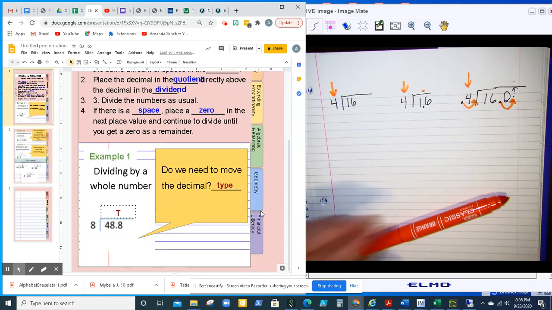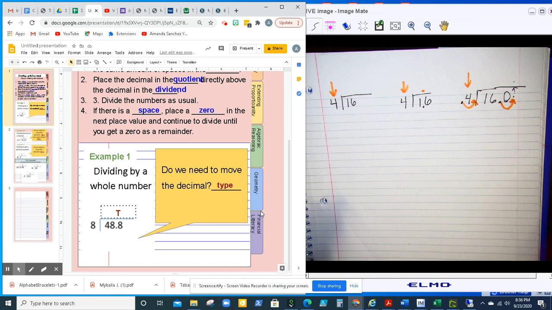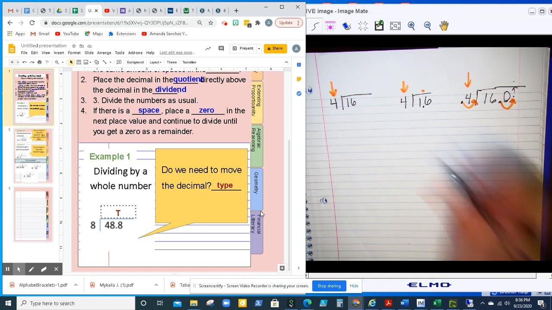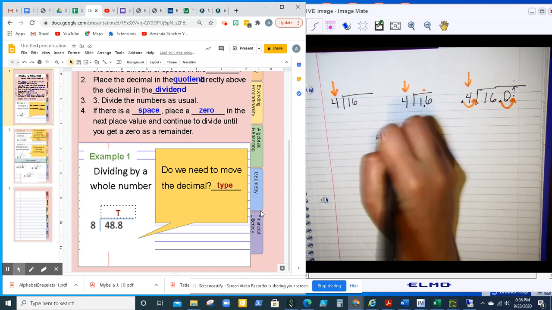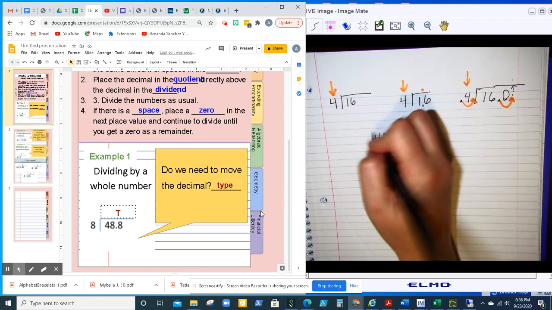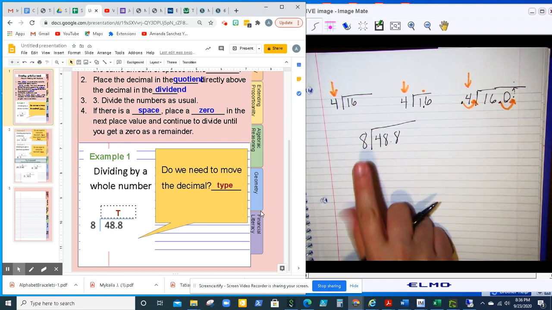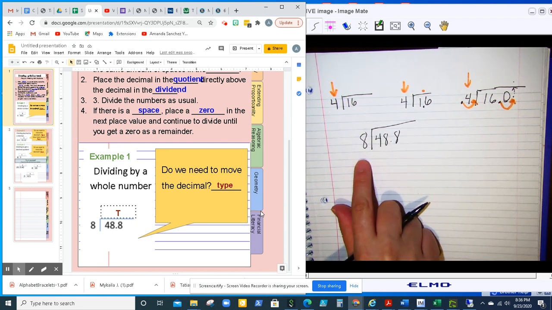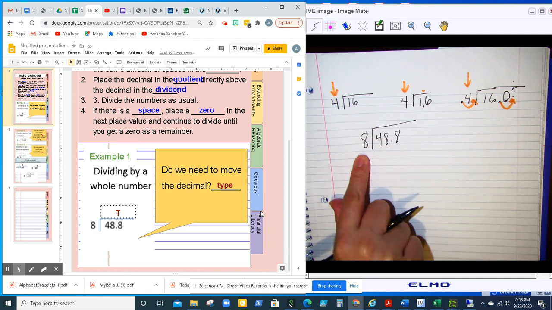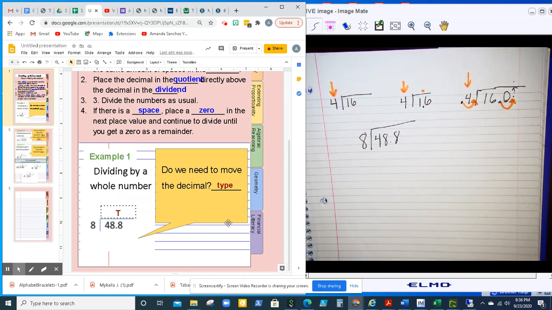Okay, all right, so starting with the first problem, we have 48.8, or 48 and 8/10, divided by 8. Remember, you focus on the value outside, which is the divisor. Is this a whole number? Yes. Do you need to move the decimal? No, you do not.